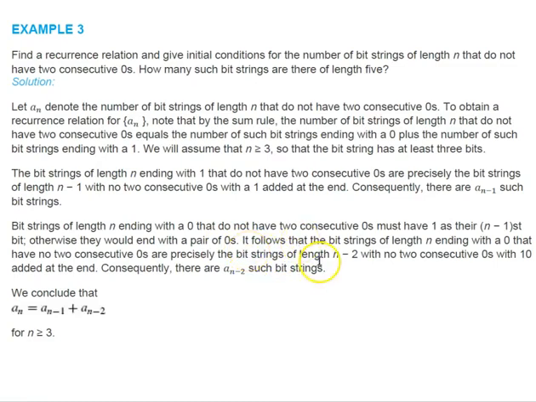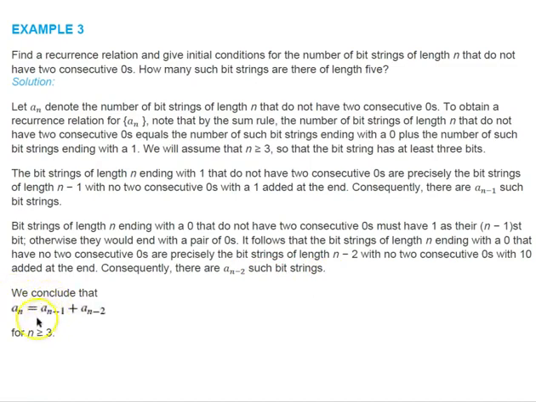It follows that the bit strings of length n ending with 0 that have no two consecutive zeros are precisely the bit strings of length n-2 with no two consecutive zeros, with 1 0 added at the end. Consequently, there are a sub n-2 such bit strings.